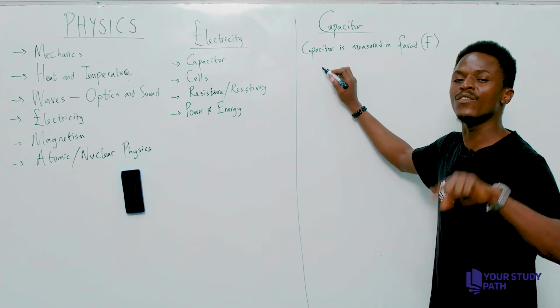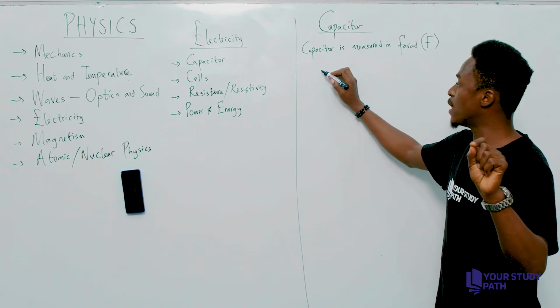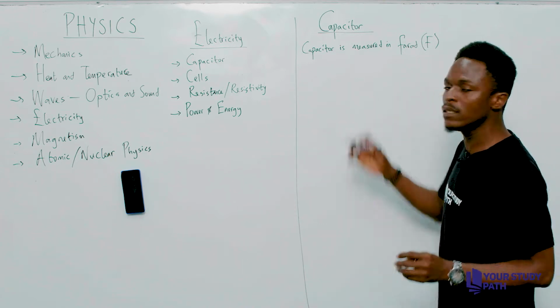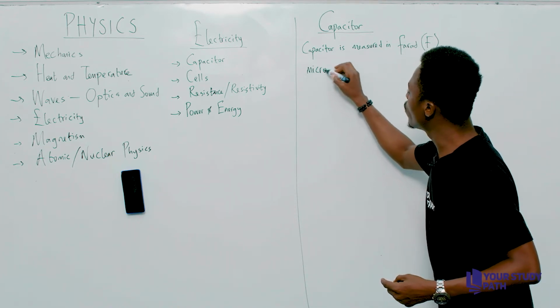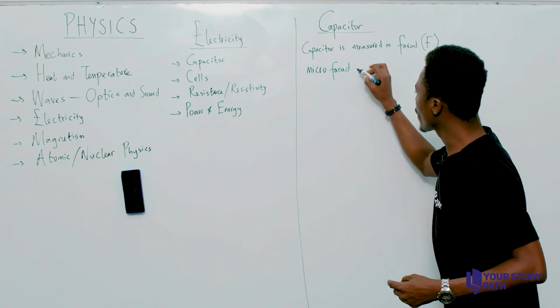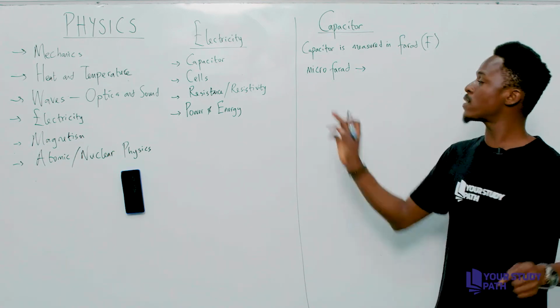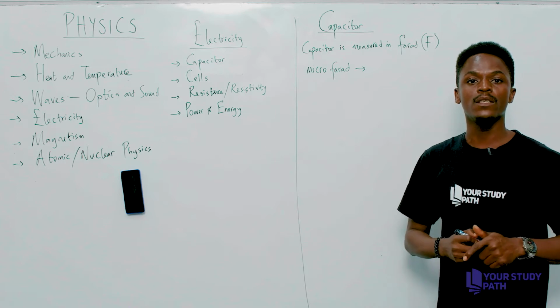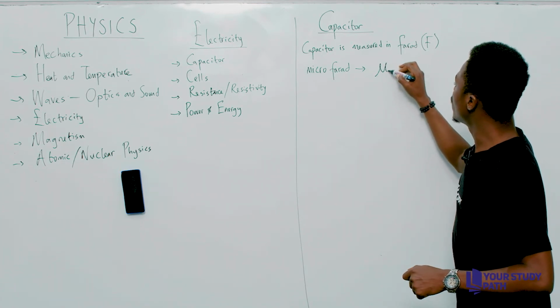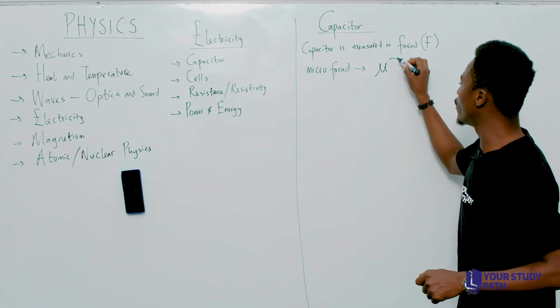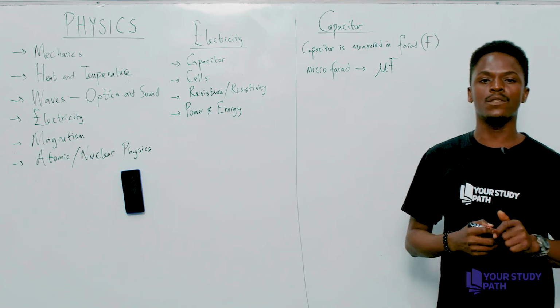Here is the keynote. Sometimes you might be given the value of capacitance in a question in microfarad. You would never see them write micro in full this way. You're expected to know that what you'll be saying will be micro, μF is what you see in questions.